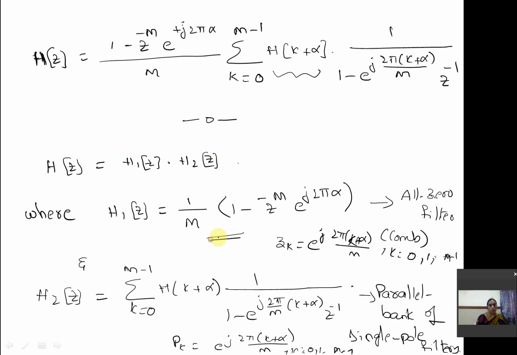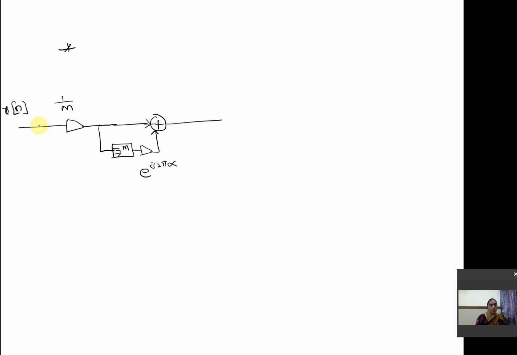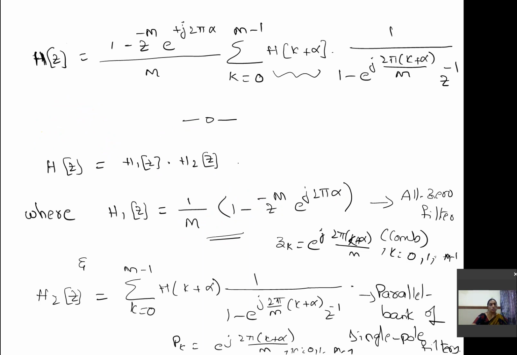This one: 1/M times (1 minus z^{-M} e^{j2πα}). For this 1/M, we can get (1/M) X(z), which is multiplied with this one. So 1/M minus 1/M of this one. Of course H1(z) means Y1(z) by X1(z), we may consider like that. Here X1(z) is nothing but X(z). Now (1/M) X(z), so minus of this one.